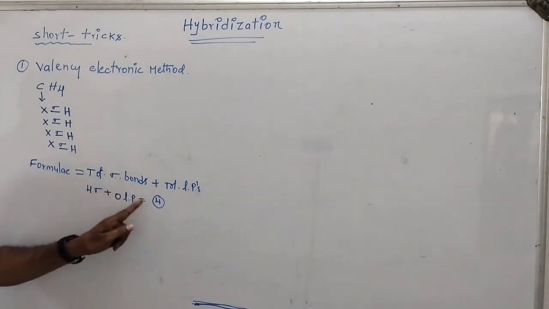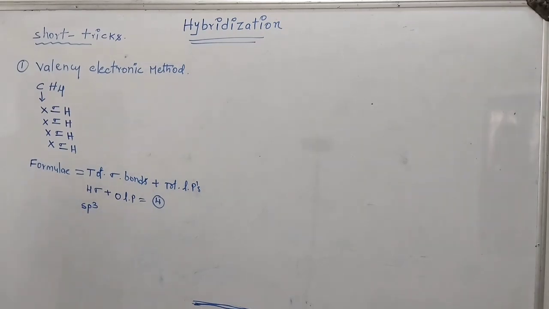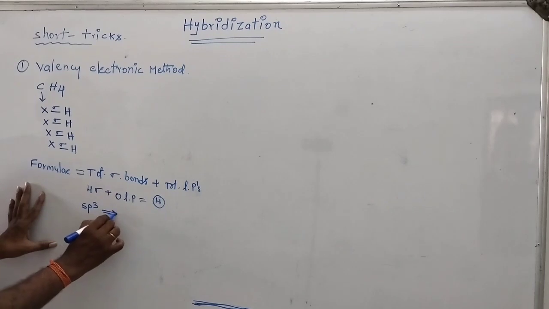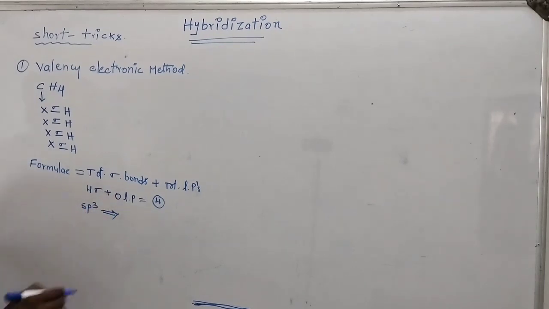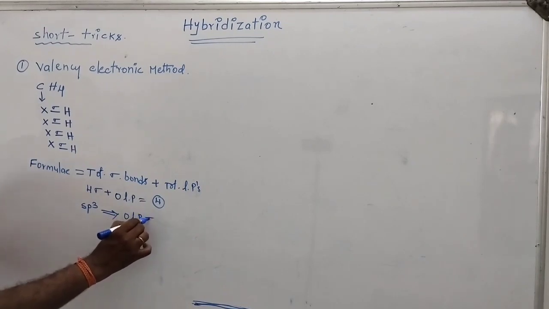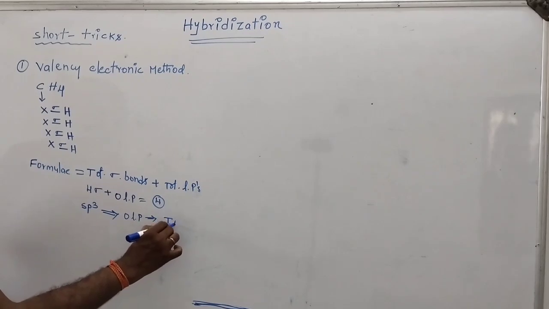So what is the hybridization? If the resultant number is 4, it means sp3 hybridization, 1 s, 3 p, with 0 lone pairs. So sp3 with 0 lone pairs. Now this is tetrahedral.